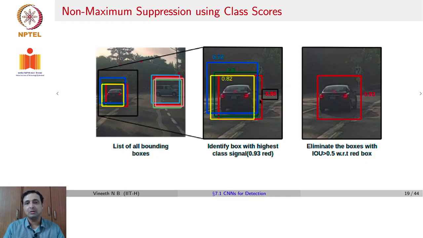Now you take the IOU of all the other bounding boxes with respect to this red bounding box. If any of them have a high overlap or a high IOU with this red bounding box, you eliminate them and retain only the red bounding box because it had the highest confidence of a car being present in that bounding box.